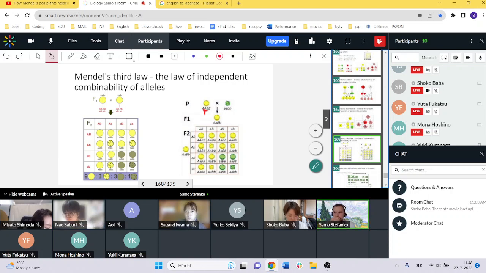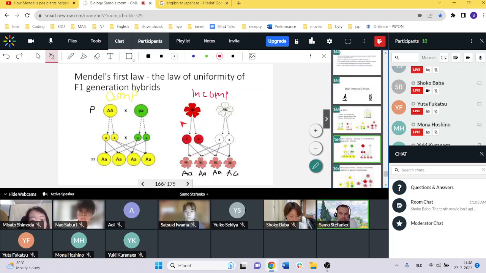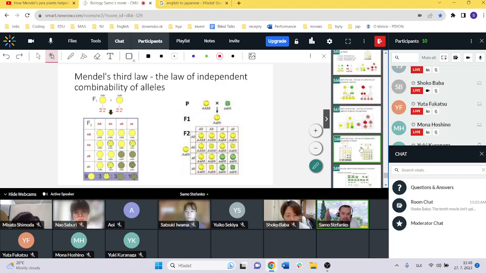So let me provide you with a little bit of additional information. When we have two alleles which are examined simultaneously, the same regular segregation occurs. So far we were dealing with just one trait, the color, but there are also other traits besides color.